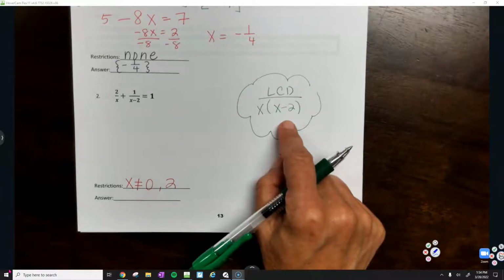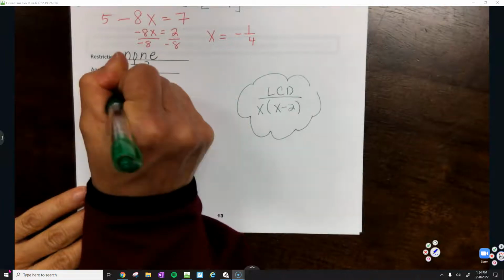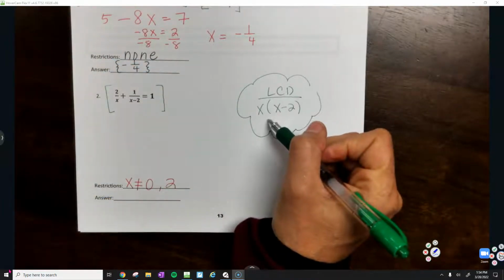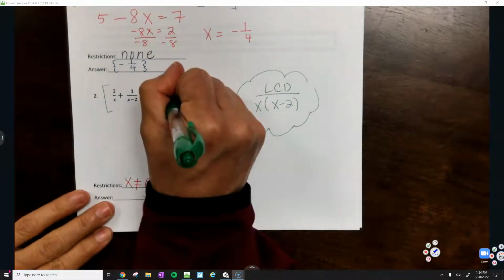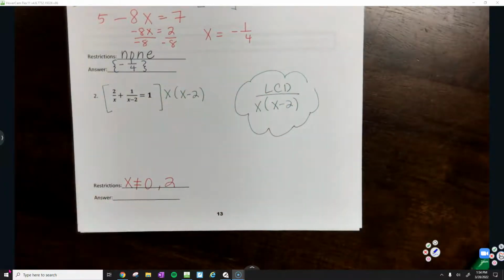We're ready to roll. So this time, we're going to put the equation in brackets, and we're going to multiply the whole entire equation by the LCD. And guys, what ends up happening is you just multiply by the leftovers. You multiply by what's remaining.